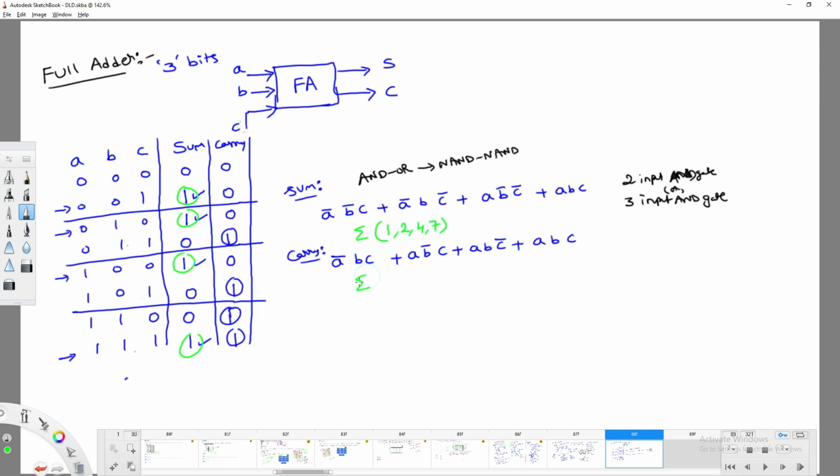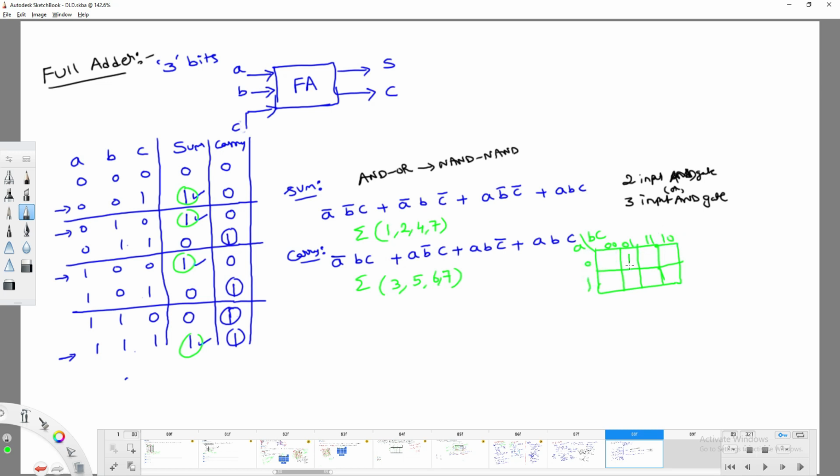And this I can write as sum of 3, 5, 6, 7, so that I can simplify it easily. So for the sum, I am going to draw the K map. I take A, B, C with 0, 0, 0, 1, 1, 1, 1, 0 and 0, 1.